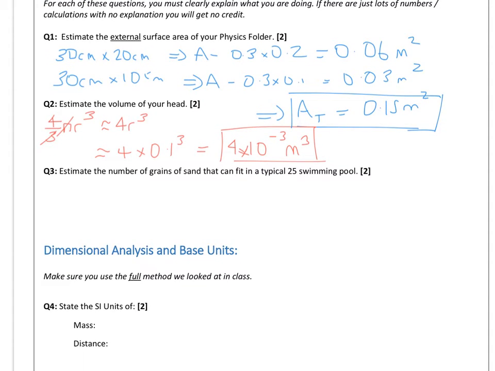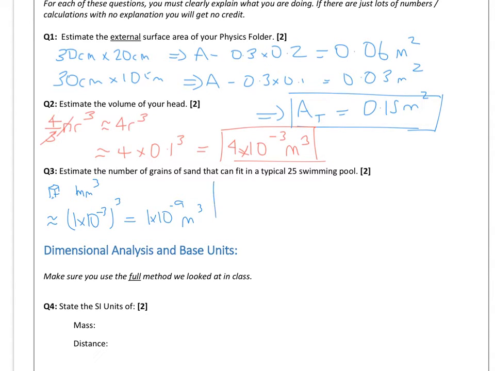Estimate the grains of sand that can fit in a typical swimming pool. I am going to model a grain of sand, that's the best I can do on this, as 1 millimeter cubed, which is 1 times 10 to the minus 3 cubed, which is 1 times 10 to the minus 9 meters cubed.